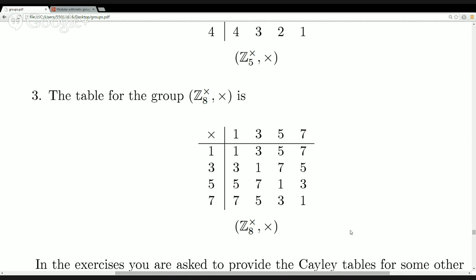So the set of elements generated by x, that's what we mean by the angle bracket x notation, is just 1 and x, which is never the same as Z8, because Z8 has 4 things in it.